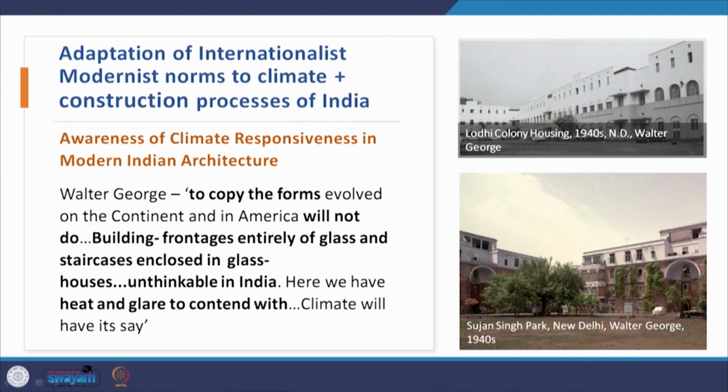Here is a person who is very strongly pointing out that exposed glass architecture, glass building frontages, do not work effectively in the climatic conditions, particularly the composite or even the tropical climatic conditions of India. So we have to contend with climate. Climate has a very important say in our buildings. We will come to this point later, but I digress and say this here because this is what I strongly feel about.